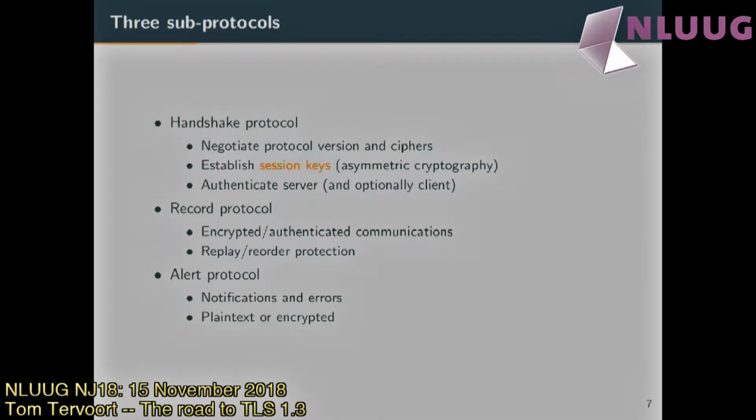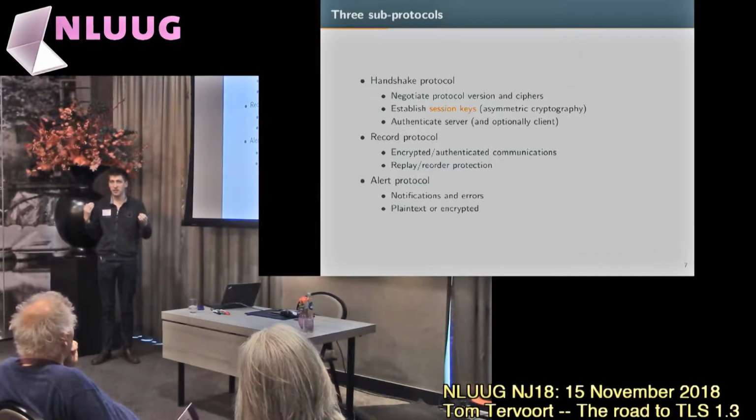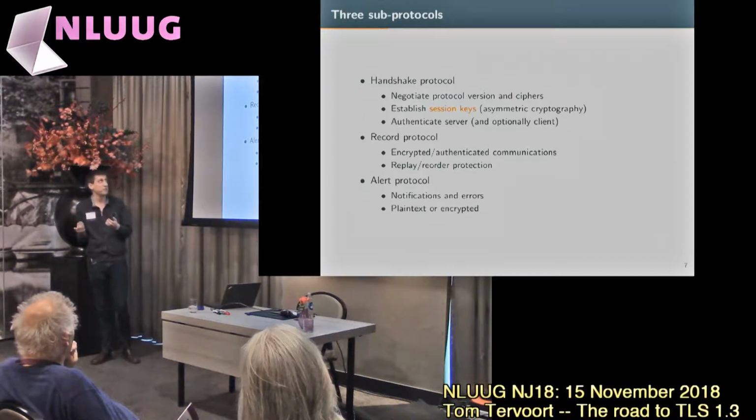Now before we dive into the protocol itself, TLS basically consists of 3 sub-protocols. You've got a Handshake Protocol that you start with when you open a connection. This protocol is responsible to negotiate a protocol version and the cryptographic primitives that both parties want to use.